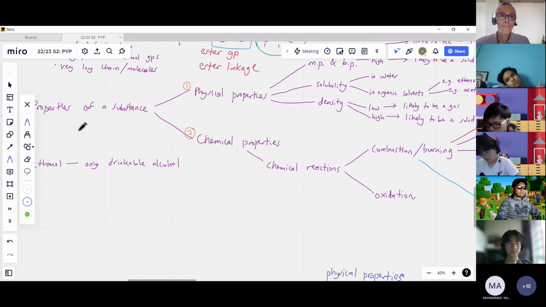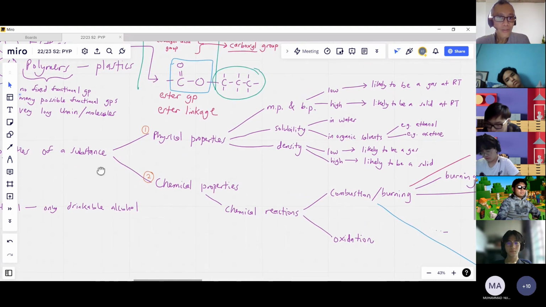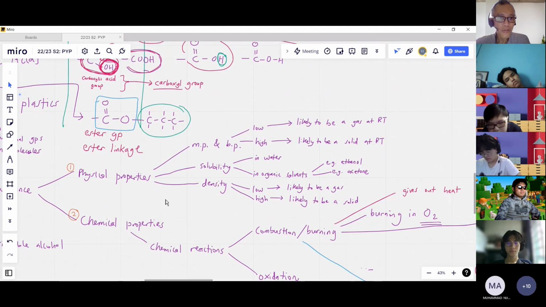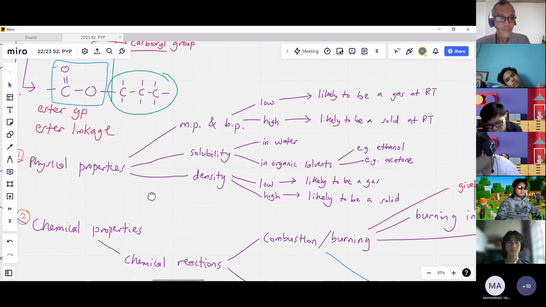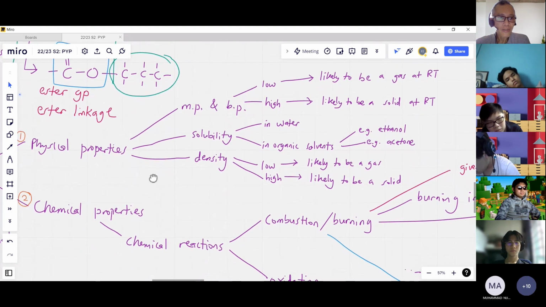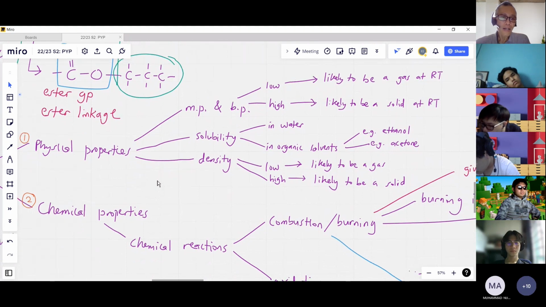So if I look at physical properties, now there are a few kinds you can write here. This is not strictly in your notes because you're expected to know this from your N levels, but I definitely want to revise them here.